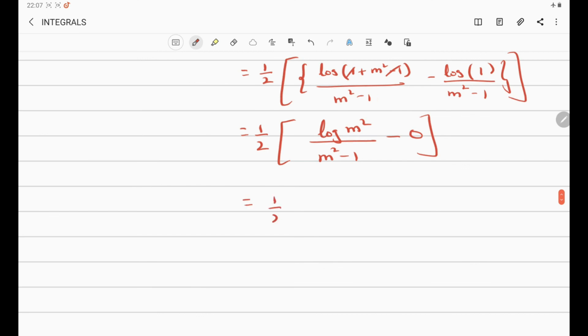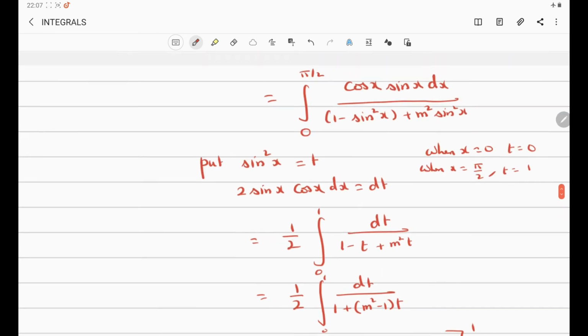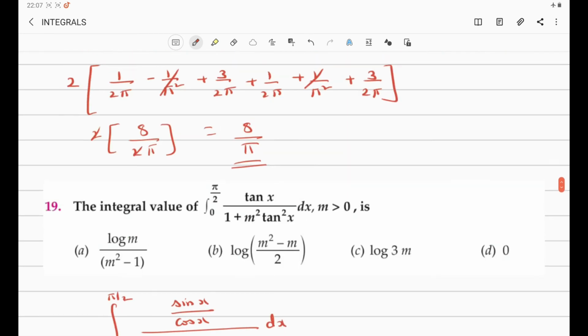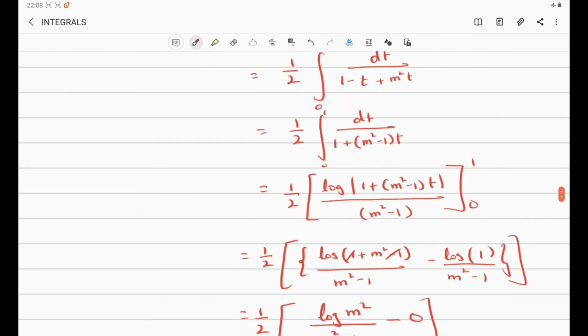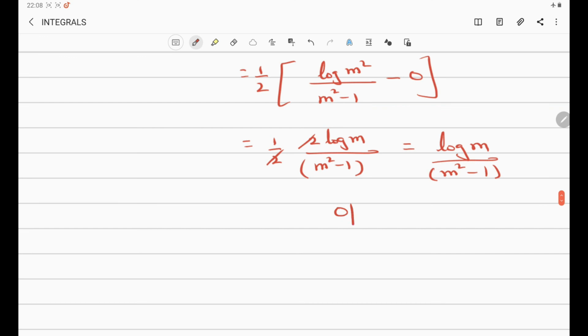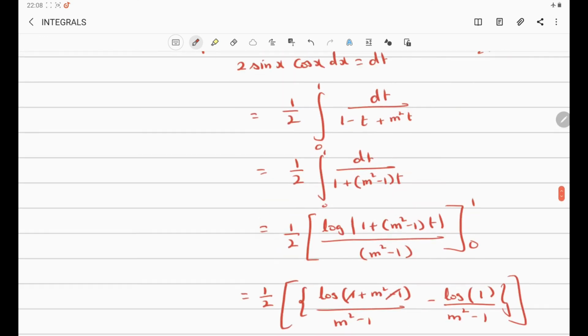So this is half into log m square, which can be written as 2 log m by m square minus 1. So 2 gets cancelled and we get the result as log m divided by m square minus 1. So the right option is log m by m square minus 1, that is option A.